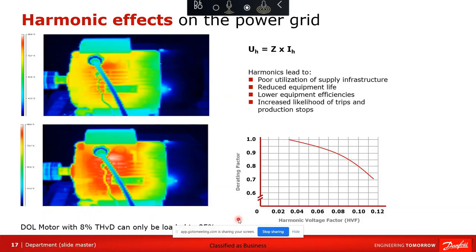So you can obviously see the excessive heat in the bearings and some of the windings. The bearings get excessively hot, they'll start to vaporize some of the oil in the bearings. And guess what? When the oil goes away, the bearings get even hotter, and eventually the bearings will fail. So there's a classic example of what voltage distortion can do to a system.